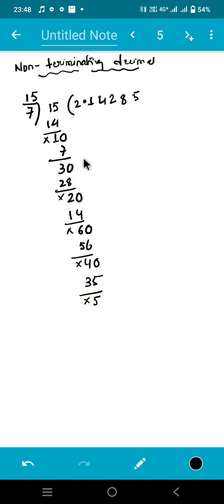As you see, in this type of division, you will never get 0. It will keep on going and going. It's endless, students, endless. So now this type of decimal is termed as a non-terminating decimal, where you never get 0 as a remainder.